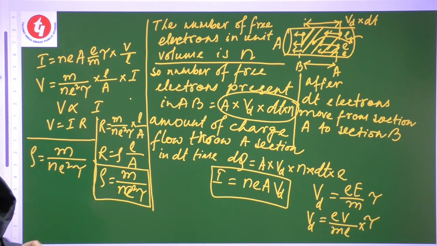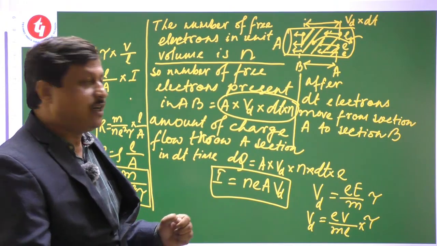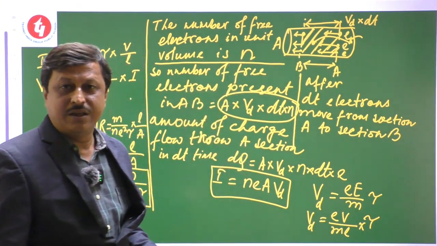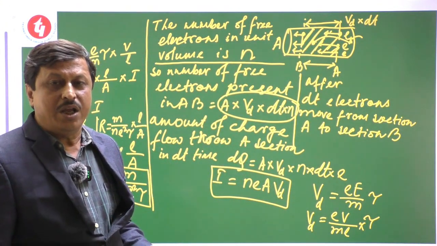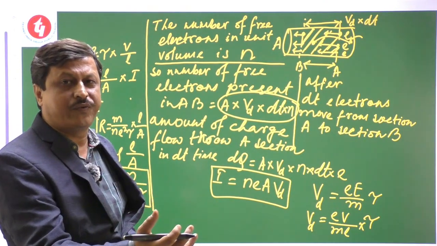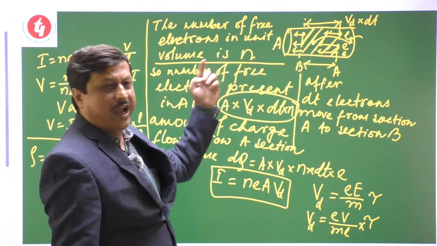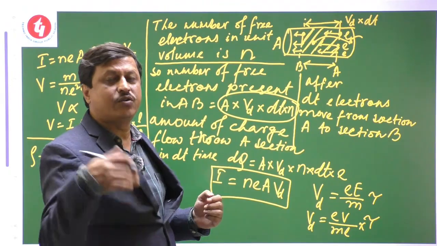Basically there are two factors: one is n and another one is tau. What is n? N is the free electron density. And on which factor does n depend? Basically the material. In copper wire, iron wire, or gold wire, n varies from material to material.